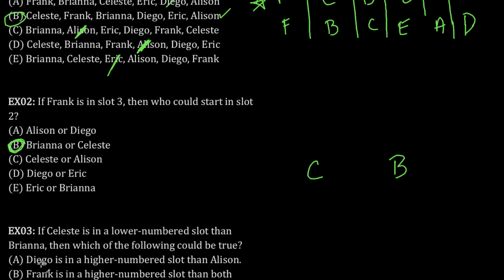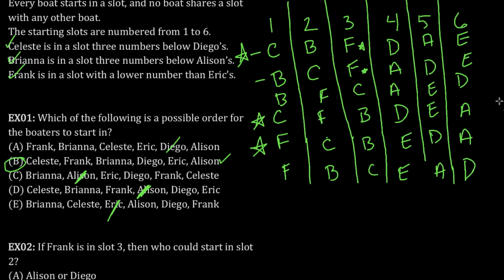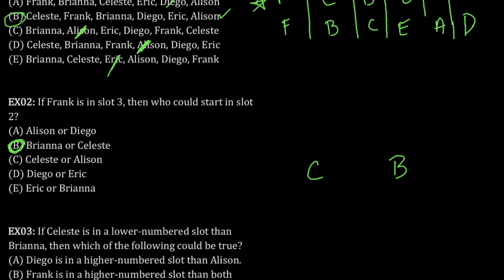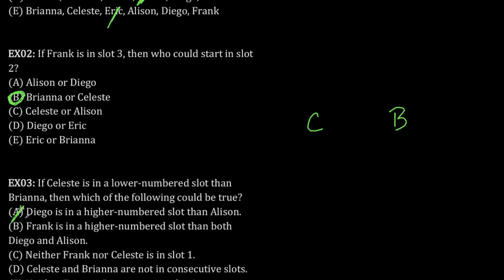Can Diego be in a higher number than Allison? No. Diego is higher number than Allison. No. Diego is higher than Allison. No. Can Frank be higher numbered than Diego and Allison?